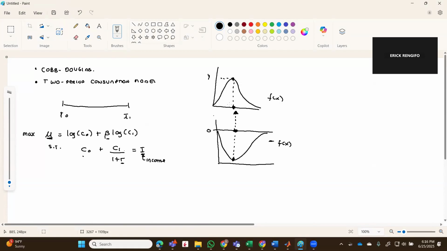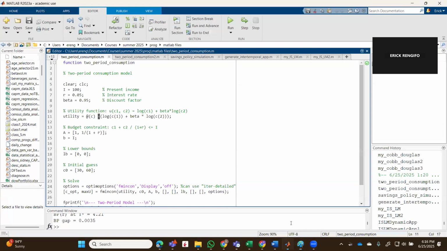Yes. Okay, perfect. So let's go here very quickly. This is going to be my objective function. My conditions are 1 plus r. Remember, this is c1. My coefficient for c1 is going to be 1, and my coefficient for this part here is going to be 1 over 1 plus r. This must be satisfied. Remember, this part here is called a, and this part here is called b.